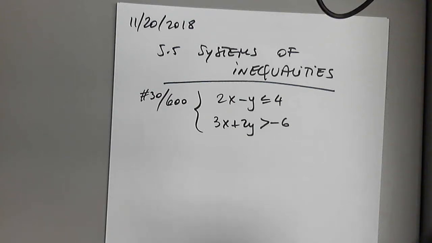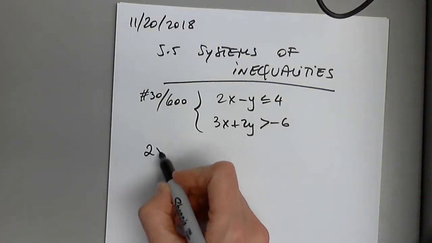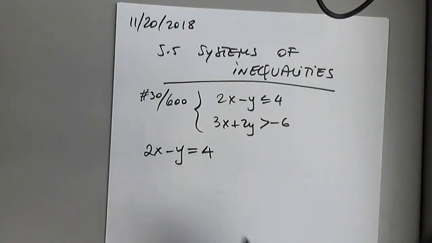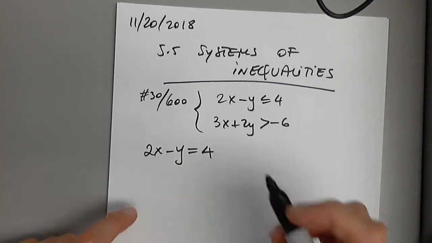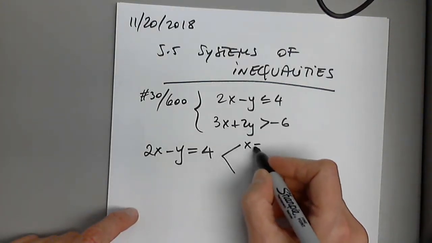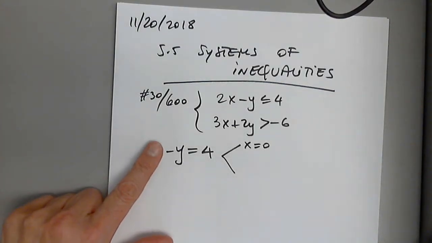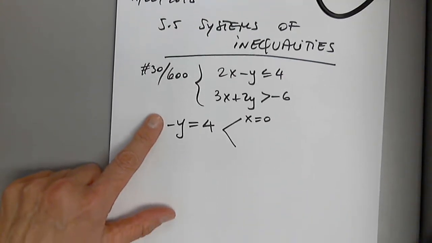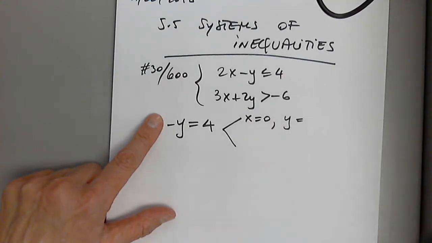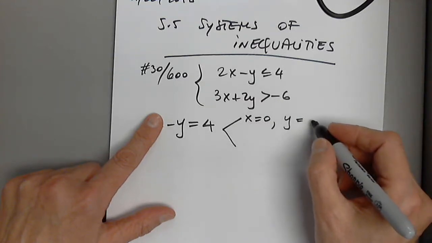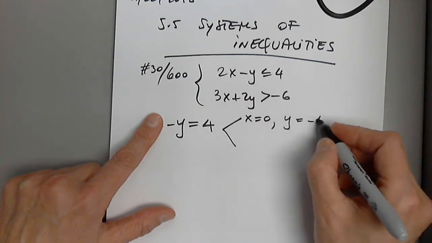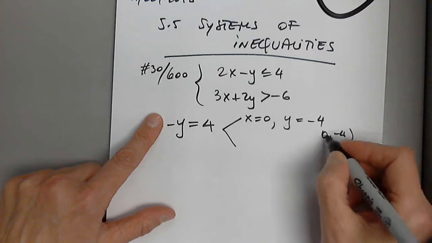So if you remember, the first step for this is to write the corresponding equation. I'm not changing the inequality into an equation, but I have to graph the equation first. And then I have to find two ordered pairs, and we always look for the x and y intercepts. When x is 0, I get y to be, very good, so this is 0, negative 4, perfect.